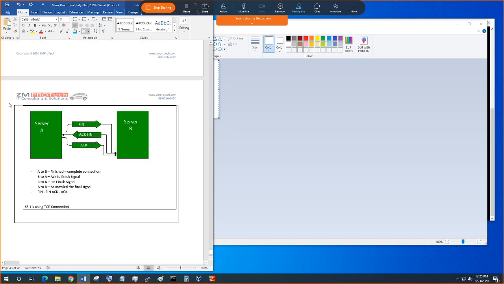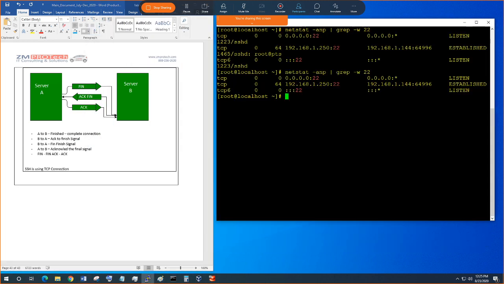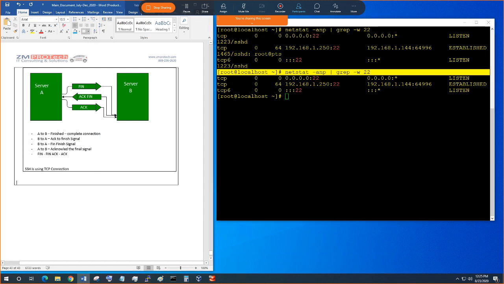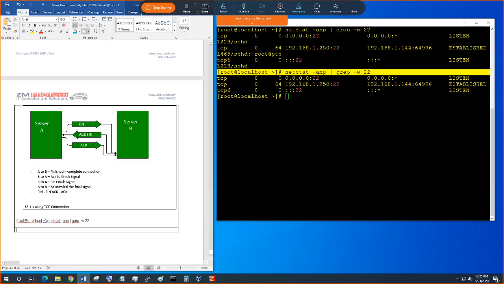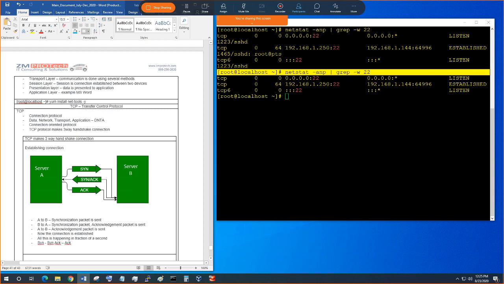And how do you check the TCP connection? You run this command here and you'll see the TCP connection. Now there is another type of protocol. This is the Transmission Control Protocol, TCP.